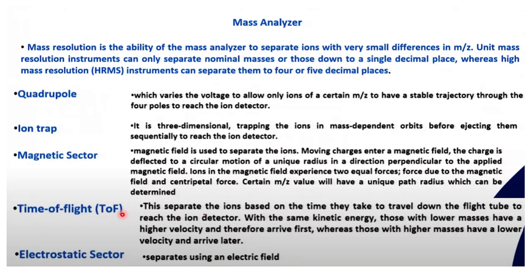Time of flight is very important. It separates the ions based on the time they take to travel down the flight tube to reach the ion detector. With the same kinetic energy, those with lower mass have a higher velocity, obviously, and will arrive at the detector first, and those with higher mass have lower velocity and will reach the detector later.